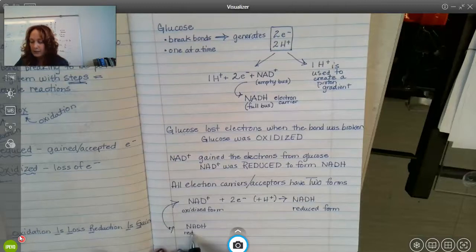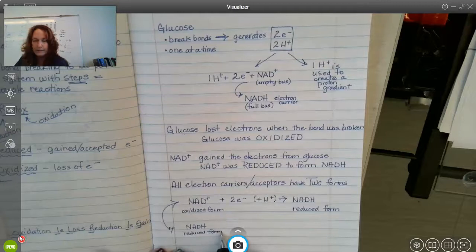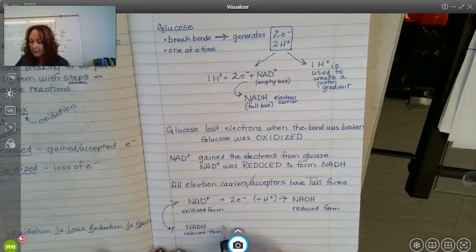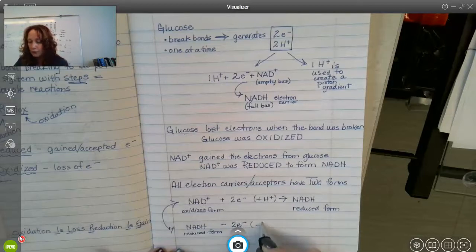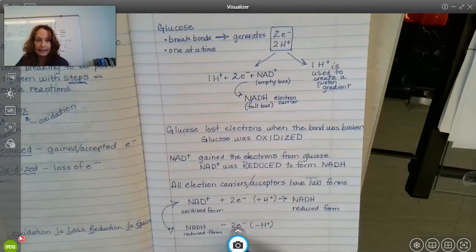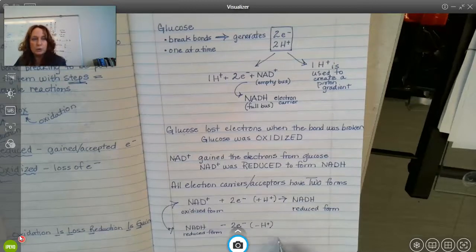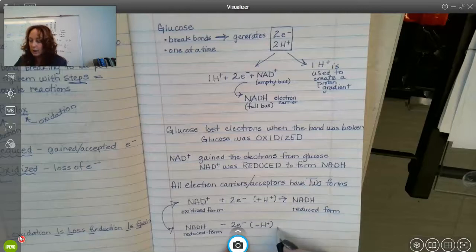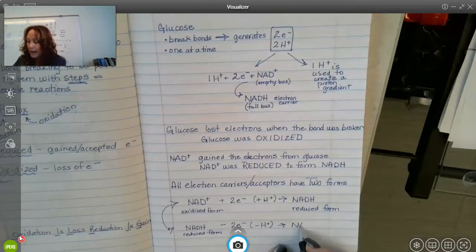This is the I-have-electrons-on-board bus. And if you lose those two electrons and that hydrogen ion, something else would gain it. Wherever these electrons ended up, that molecule would have been reduced. But since NADH is losing electrons, it's going to go back to its oxidized form.